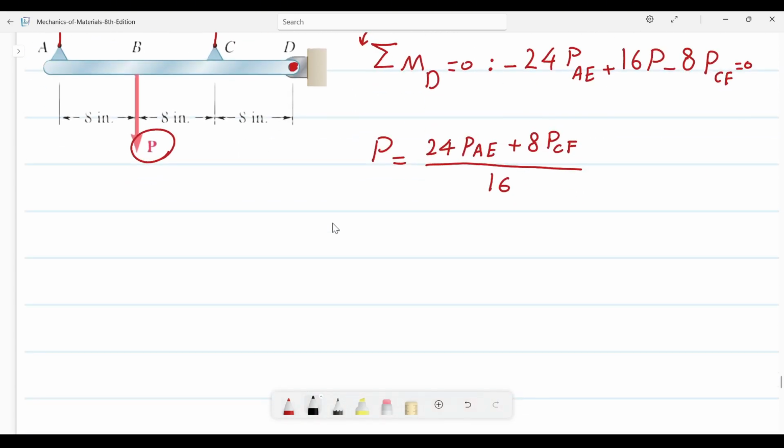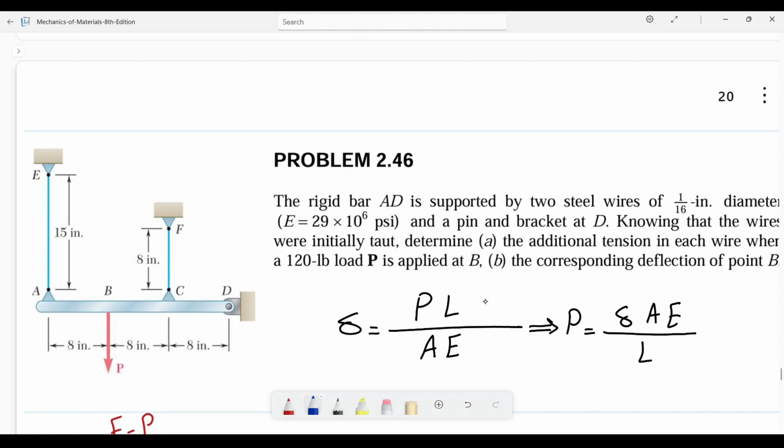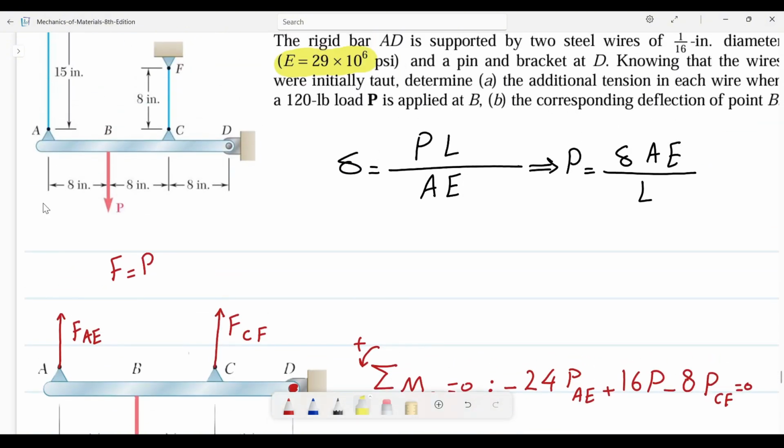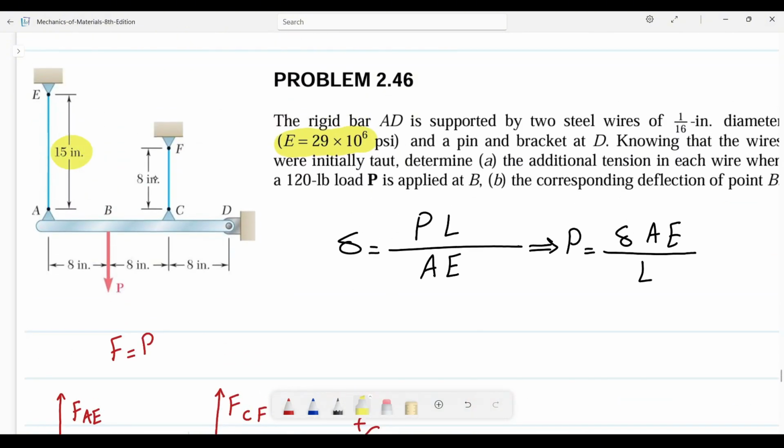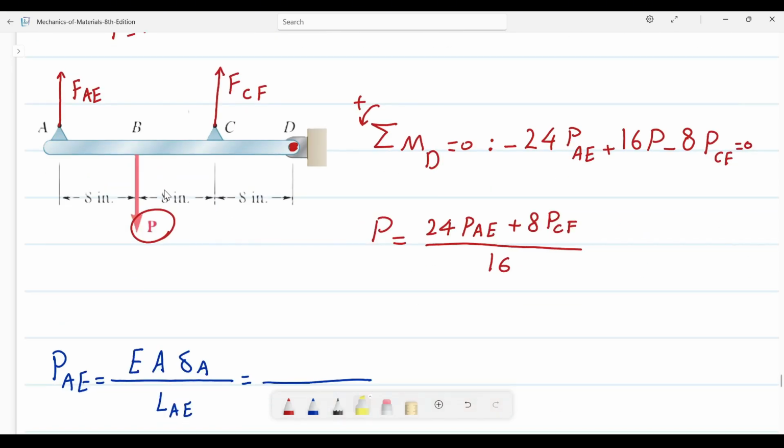And here for PAE we have E A and deflection of A or AE divided by LAE, where E is equal to 29 multiplied by 10 to the power of 6 psi, and L is equal to 15 for AE, and for CF is equal to 8.